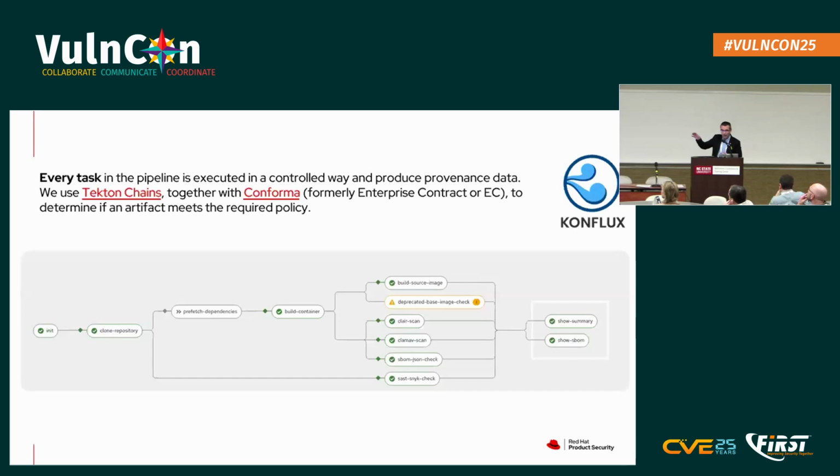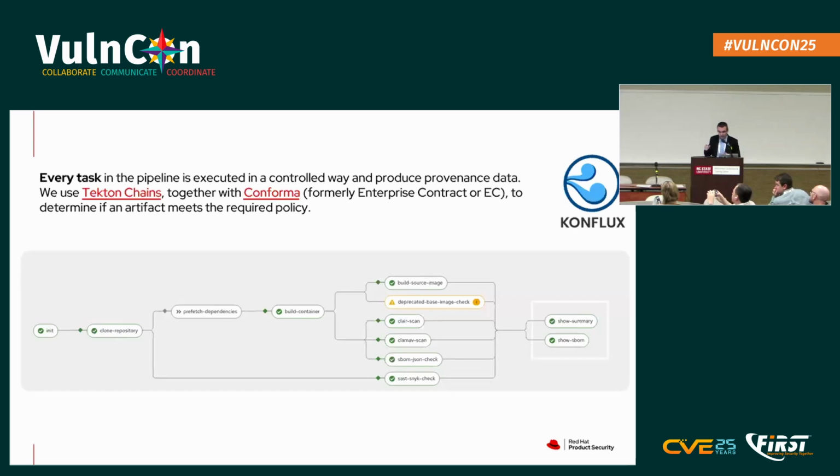It is an example pipeline starting from the beginning when we start the build to the end when the build is created. Every task in the pipeline is executed in a very controlled way and produces provenance data. There is no task that is just executed and there is no evidence of what happened.